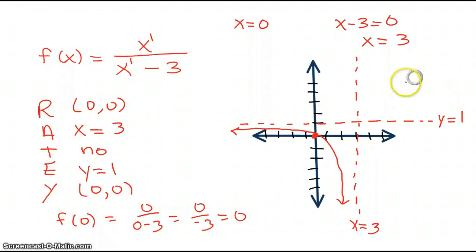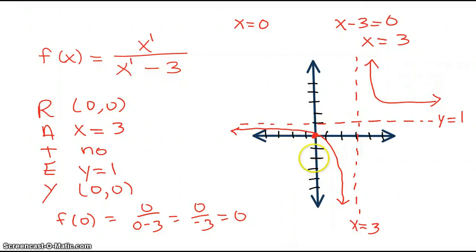Now over here on this side, we can't have a blank area. Okay, so it either has to go down here or up here. That's where your together comes in. Since it's no, I can't put it down here. So I know it has to be up here. And so that is the second part of my graph. So that's how the T helps you to figure out how you're going to graph it.